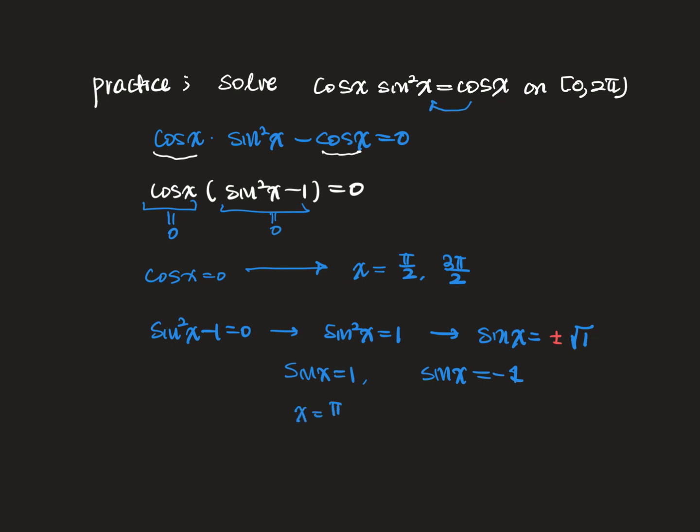Pi over 2, right? Sine x is negative 1: x is 3 pi over 2. So you find it here: pi over 2 and 3 pi over 2.